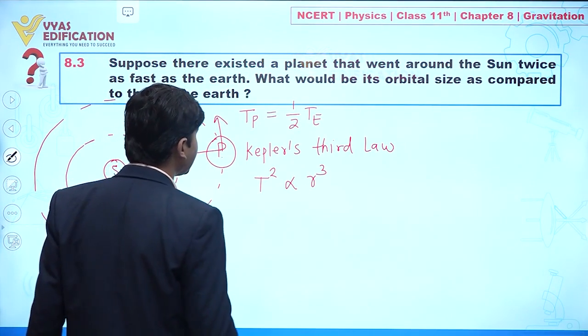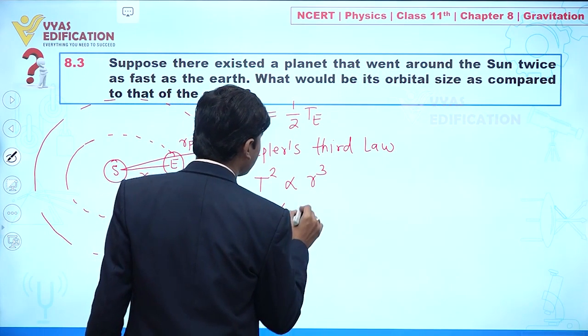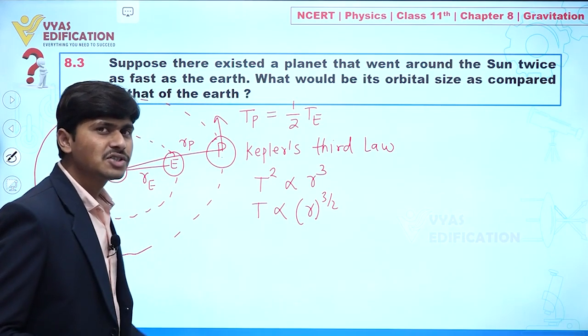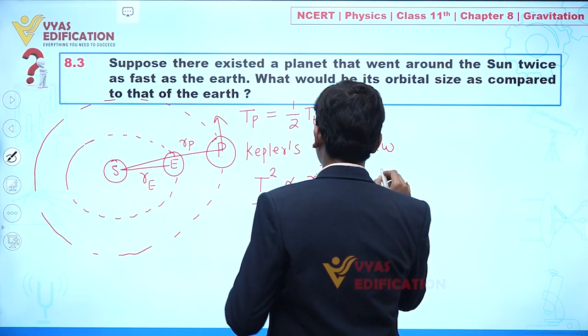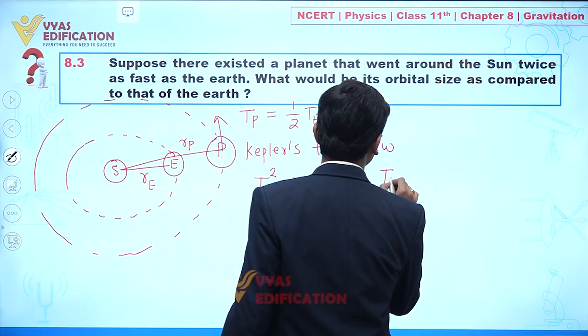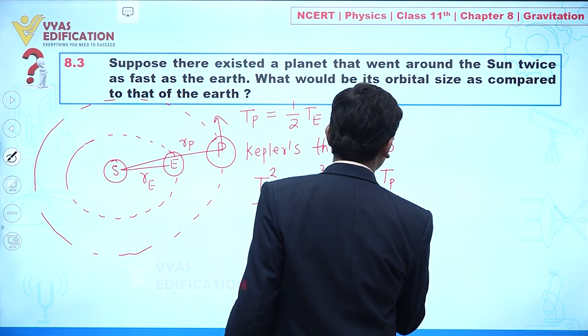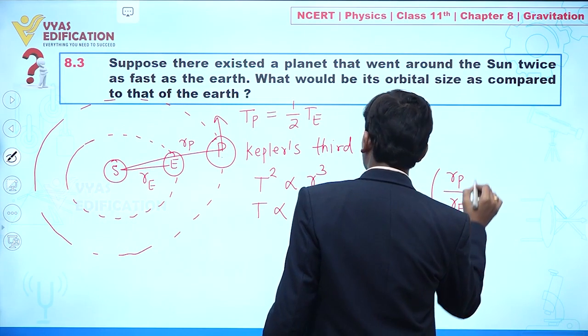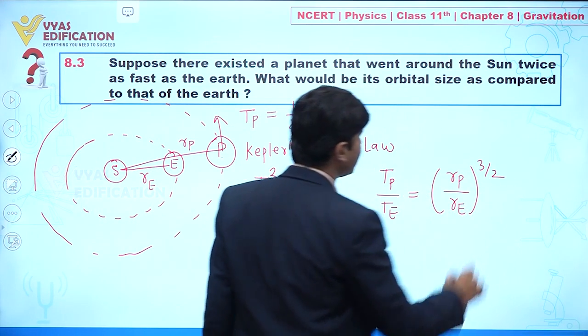It means I can write T is directly proportional to R to the power 3 by 2. So from here we can write Tp divided by Te equals Rp divided by Re, to the power 3 by 2.